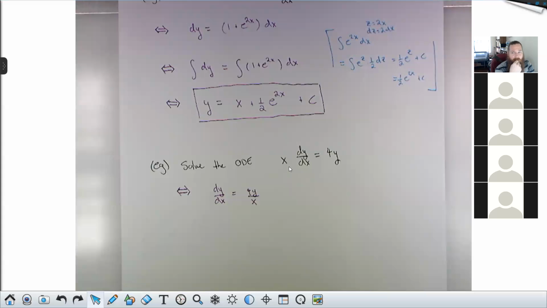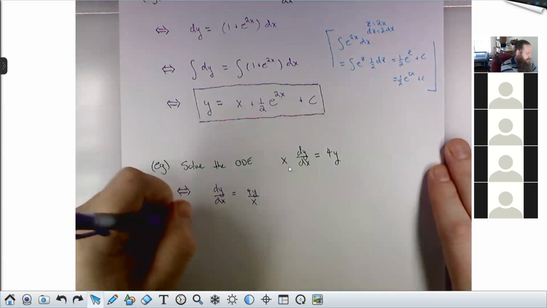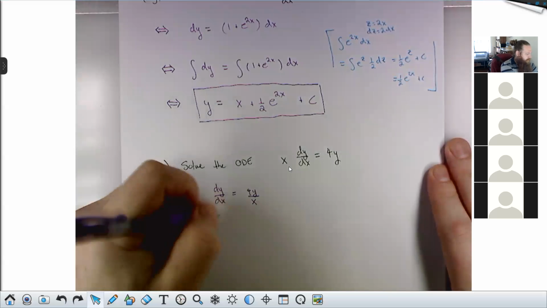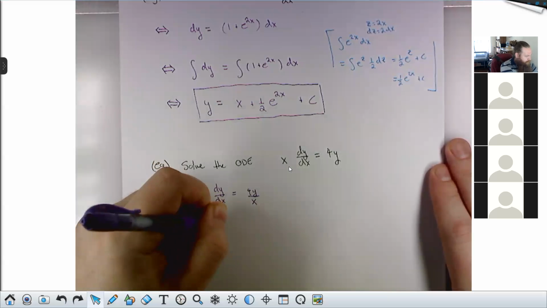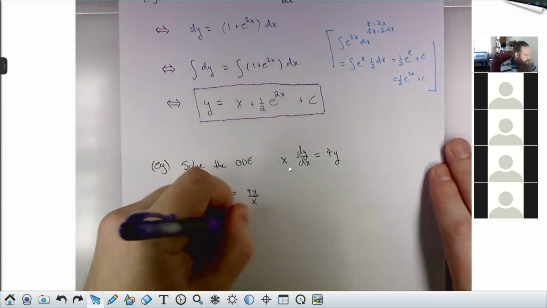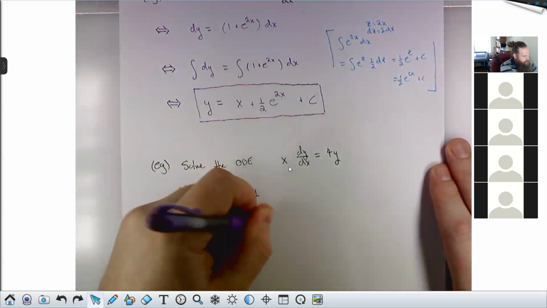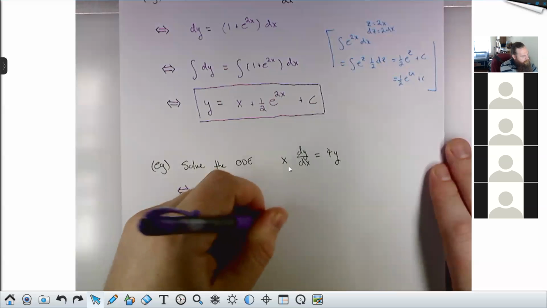Okay, is this equation separable? Yes. How would I separate the variables? Divide by y, and then multiply by dx. Very good. So if I divide both sides by y and multiply both sides by dx, I'll get 1 over y dy equals 4 over x dx.